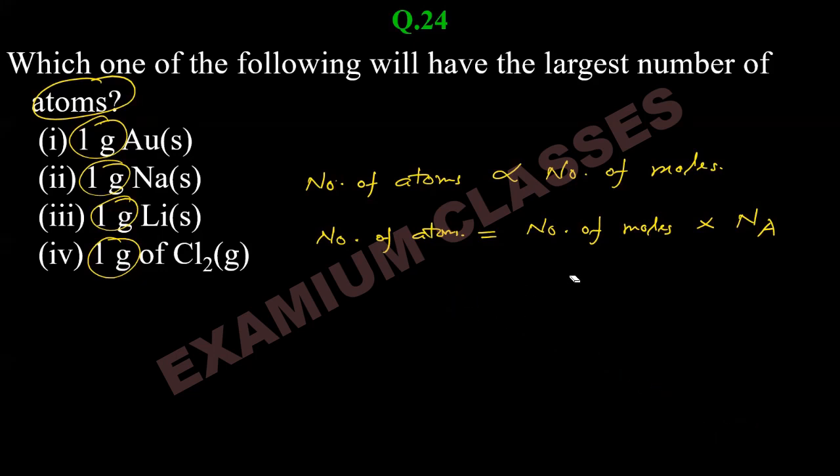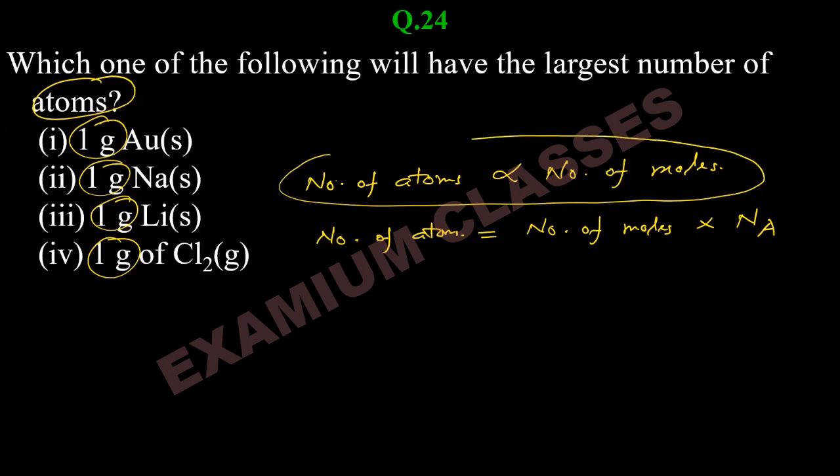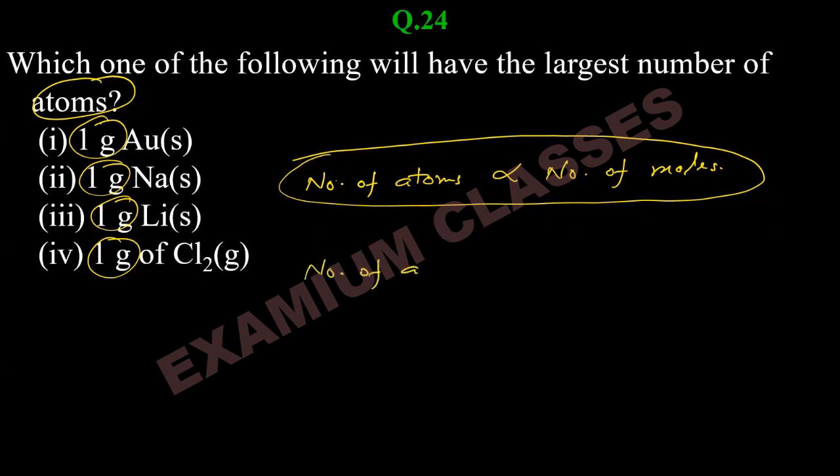So if Na is constant, it means if you remove this constant, number of atoms is proportional to number of moles. And what is the definition of number of moles? It is proportional to given mass upon molar mass.